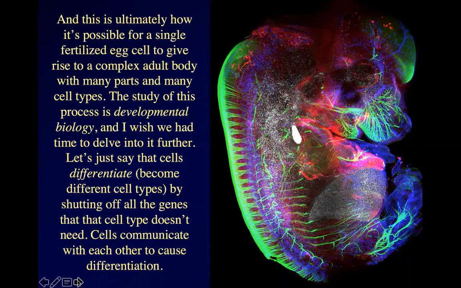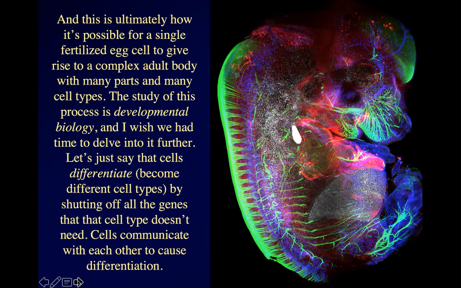is that when you develop from a fertilized egg to a fine upstanding adult, that egg contains all of the DNA that all of your cells will ever need. As your cells divide, they do what we call differentiate, which means they become different cell types.